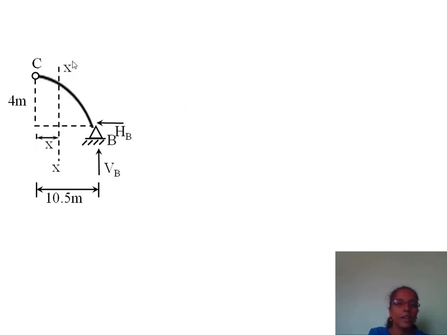Let us consider any section X at a distance X from the center line. X is always measured from the center line for circular arches. If this is X, then the remaining width will be 10.5 minus X.